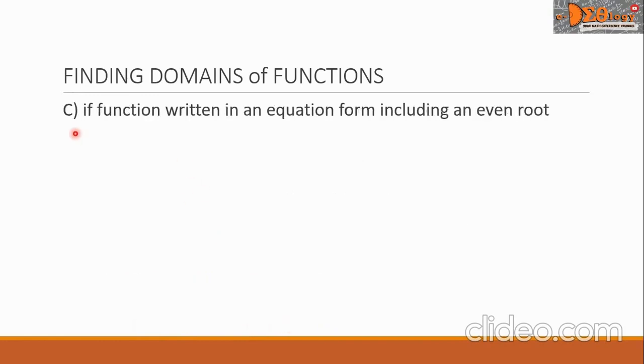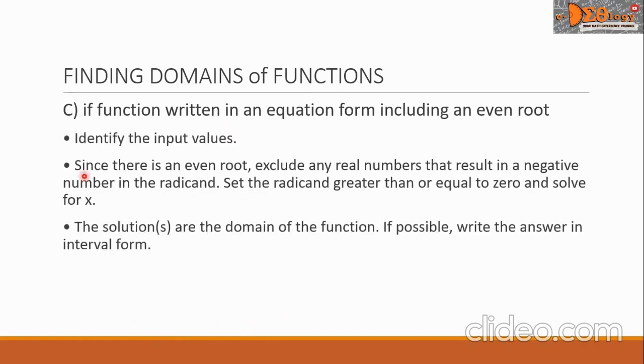Let's have this type of function written in an equation form including an even root. It means we have a radical with an even numbered index. So we will first identify the input values.